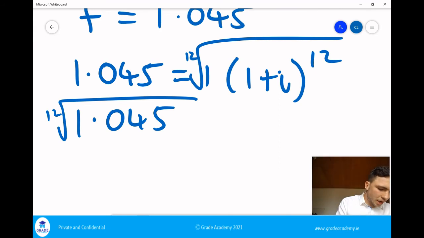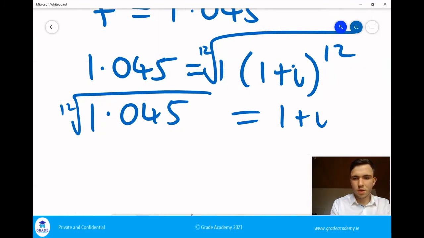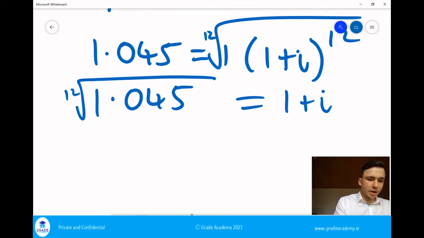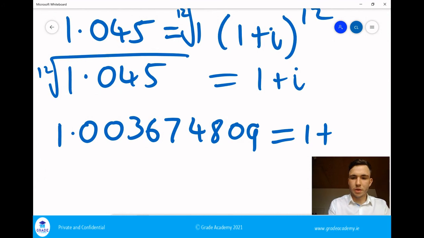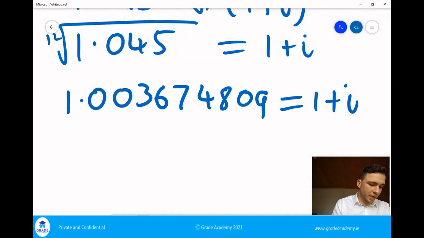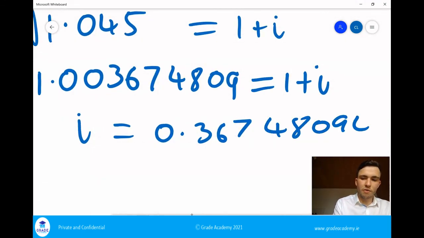And when we throw that in our calculator, we get 1.003674809 is equal to 1 plus I. Then we can just minus 1 from both sides and multiply by 100 to get it as a percentage, and we end up getting I is equal to 0.3674894%.